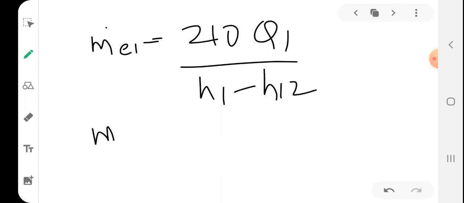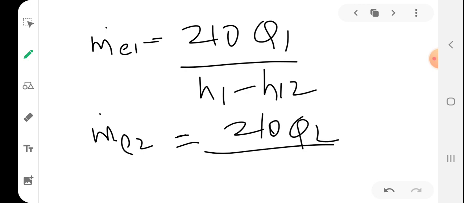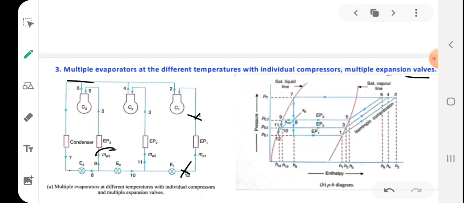Similarly, me2 or m2, you can put it either way, is 210 Q2 by, what is the case here, H3 and H10, right? H10 or H11, no problem. You put it as H11.